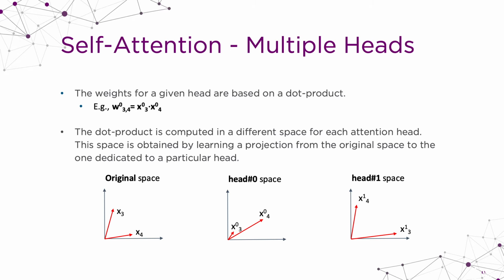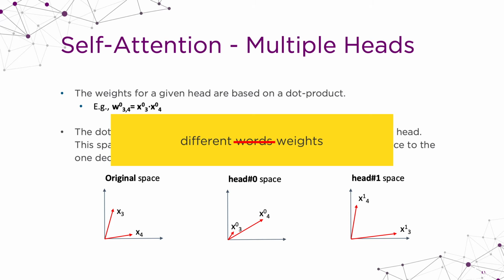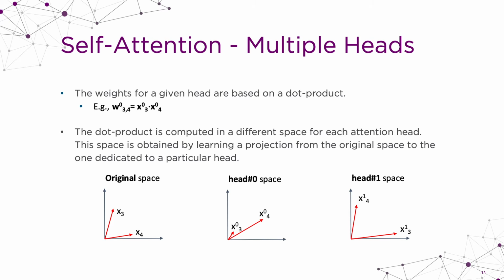And you see now that the projection from head 0 is different from the projection from head 1. And now if you compute the dot product, you end up with different results for case 0 and case 1. And that's why we end up with different weights for every head. And obviously at that point, once I have the weights, I just do the weighted sum, and we are done.